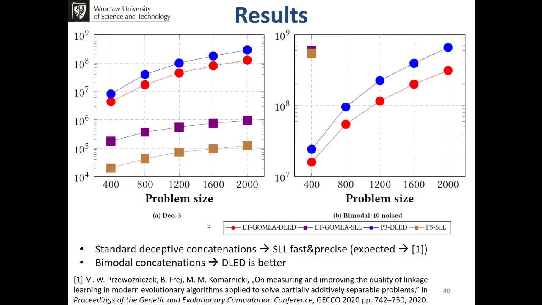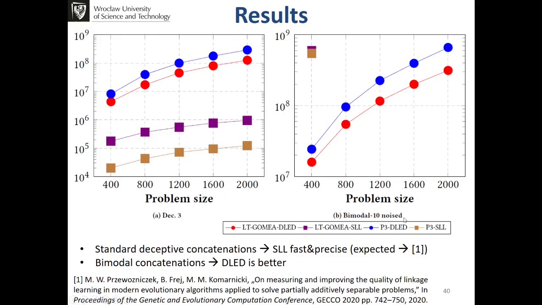So you may see that for the concatenation of deceptive functions, the SLL versions are faster, which is expected because for this kind of problem, SLL works very fast and very precisely. Although you can still solve and decompose this kind of problem with DLED.